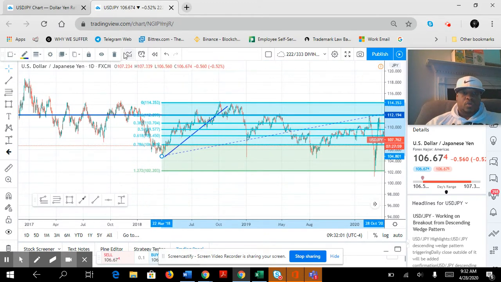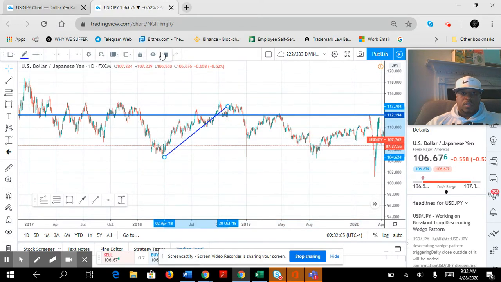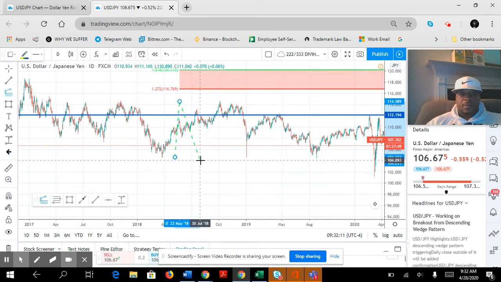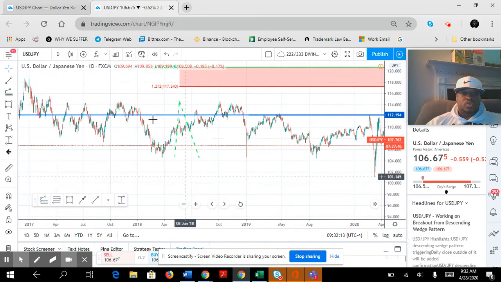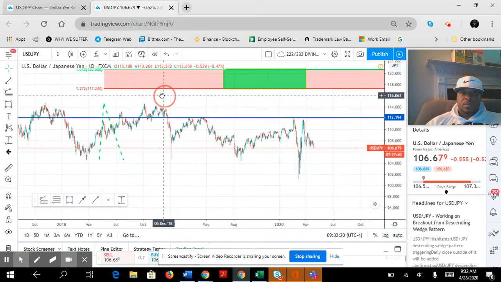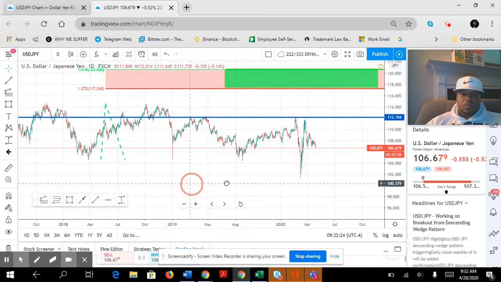All right, so this move that we just measured, we can do an extension on. We're saying we went up here, came up here, bam, right there. Based on that move, we should be hitting up here at the 117 mark.